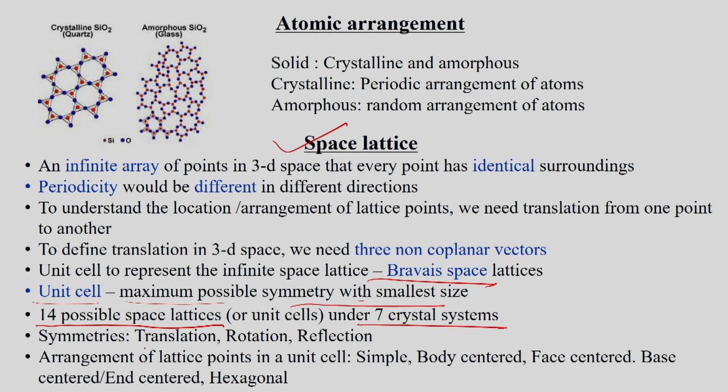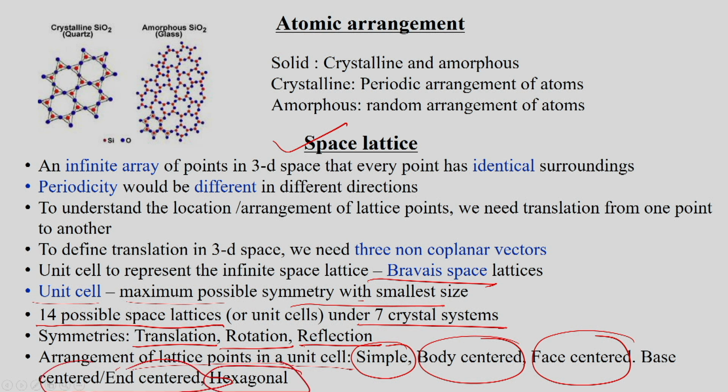Symmetries like translational, rotational and reflectional symmetries must be there in the system. Then the arrangement of lattice points in the unit cell: simple system, body centered, face centered, base centered or end centered, and hexagonal system. Okay.